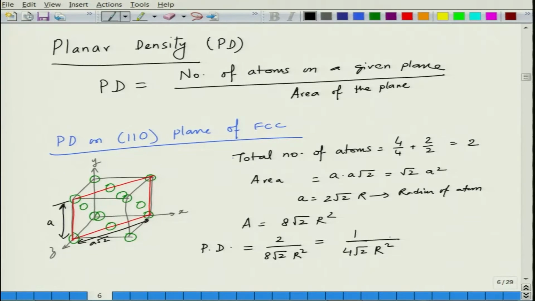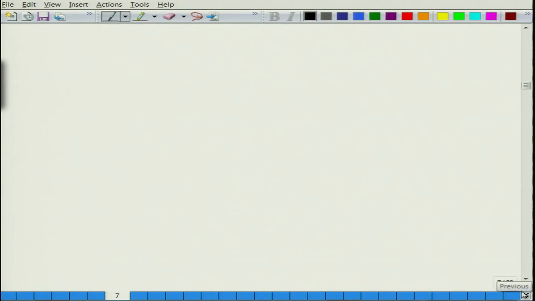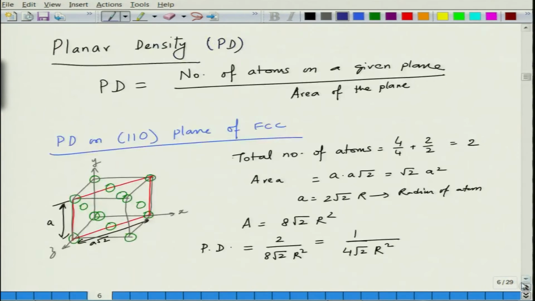So, this is how you can find out the planar densities, and it turns out, now if you do the maths, then let us say for BCC, if you take the primary planes, so let us say along 100, the planar density is 1 divided by a square. So, let us say we write in terms of a. So, in terms of a it will be 2 divided by square root 2 a square, or square root 2 divided by a square.